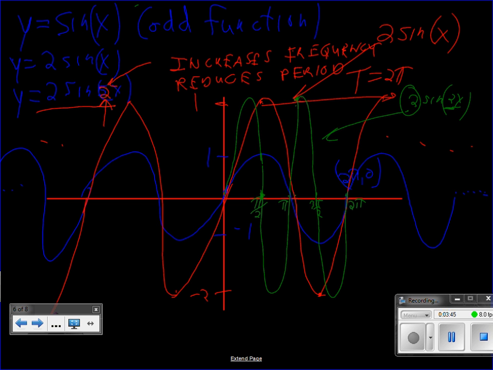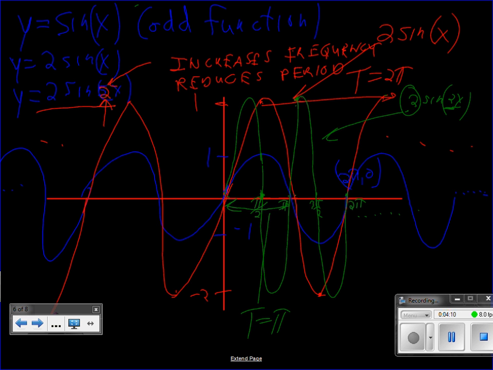Meaning, it repeats at T equals pi. So you'll see there are 2 full cycles. Notice the red has 1 complete cycle in 2 pi radians. The green has 2 complete cycles. So the frequency is doubled and the period has been cut in half.